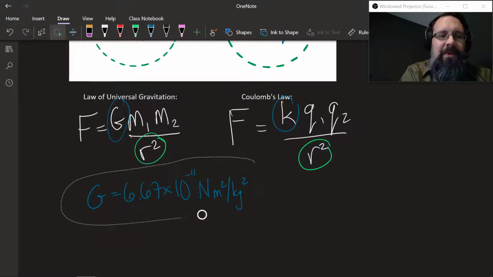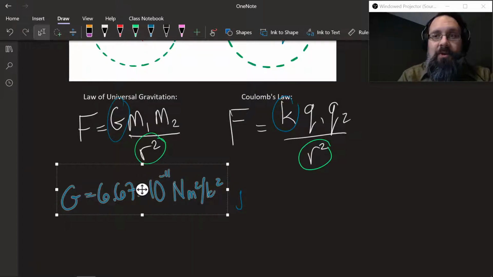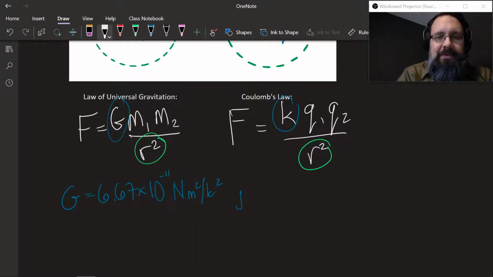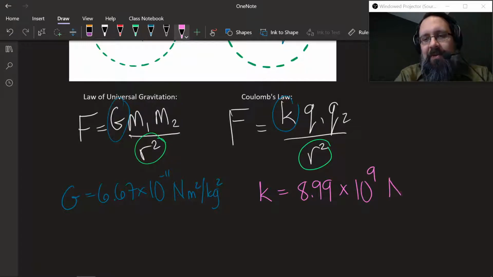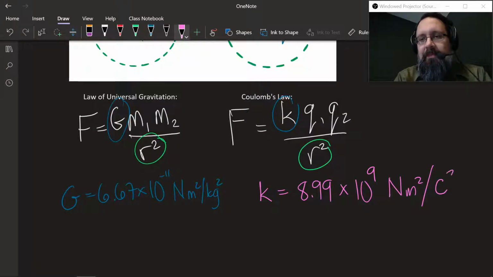And then for Coulomb's law, the k value, for Coulomb's law k ends up being 8.99 times 10 to the 9th power newton meters squared per, instead of kilograms, the unit of charge, which I'm not going to ever tell you guys because we don't need to know it. But the unit of charge is called the coulomb.